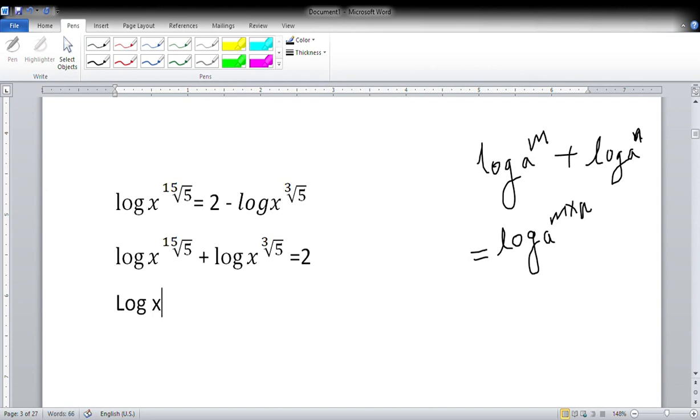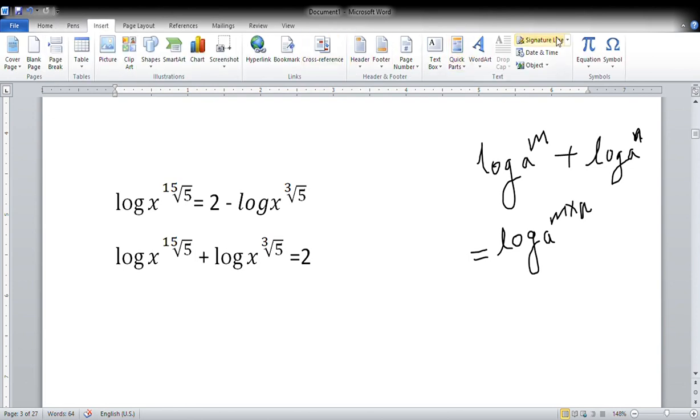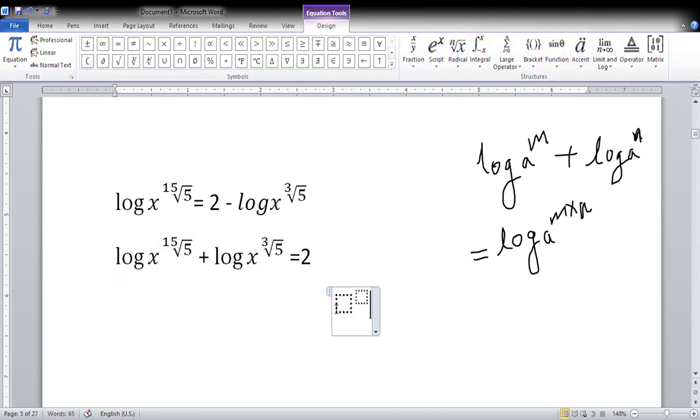We can write log x and multiply both numbers, root 15 and root 5. 15 into 3 is 45, and root 5 into root 5 is 5.